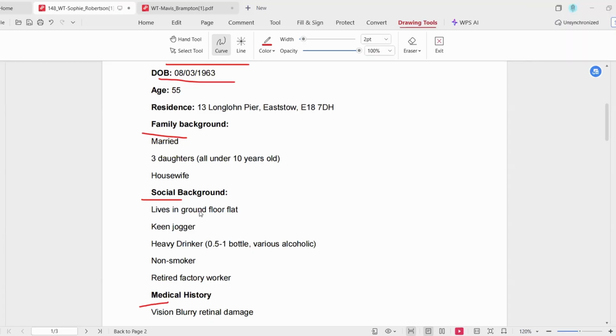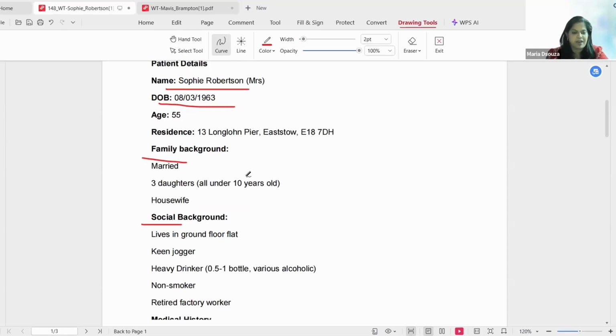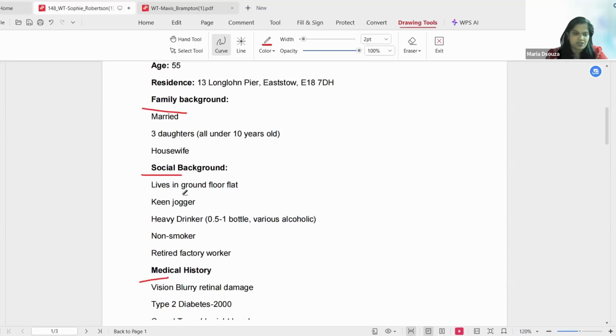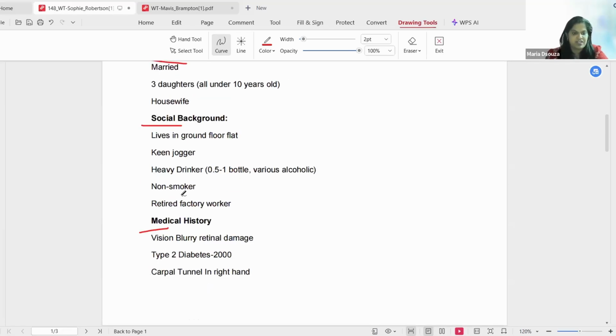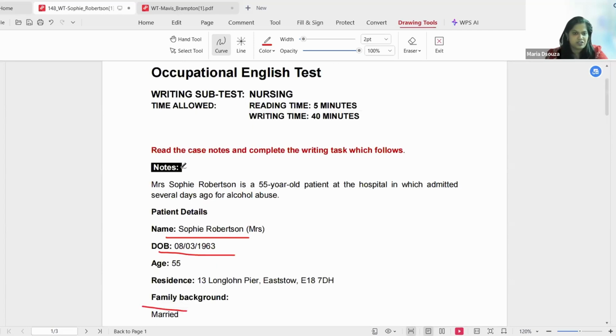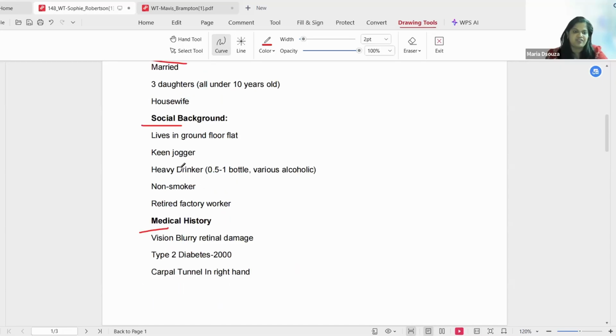We can skip date of birth. You can skip date of birth because age is given. Let's run through this. Family background is given: three daughters, all under 10 years old. The wife is a housewife and lives in the ground floor flat. Sorry, the patient is a housewife, and she lives in the ground floor flat.